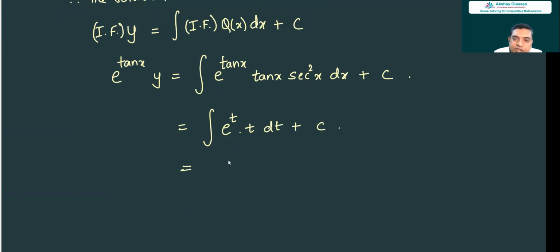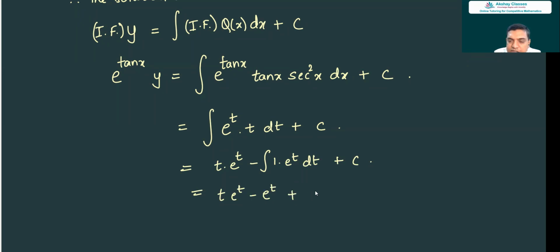Now we can do integration by parts: first function times the integral of the second, minus the integral of the derivative of the first times the integral of the second. So we get t e^t − e^t + c, where t is tan x here.